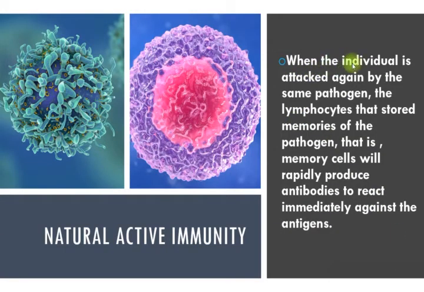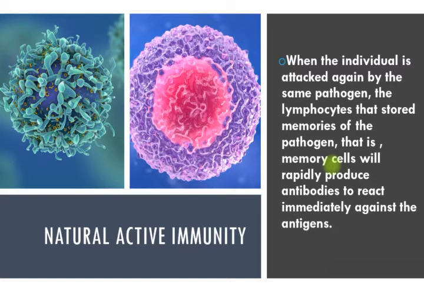So when the individual is attacked again by the same pathogen, the lymphocytes that store memories of the pathogen, that is memory cells, will rapidly produce antibodies to react against the antigens immediately. So when we are infected again with the same disease, we already have the memory cells.